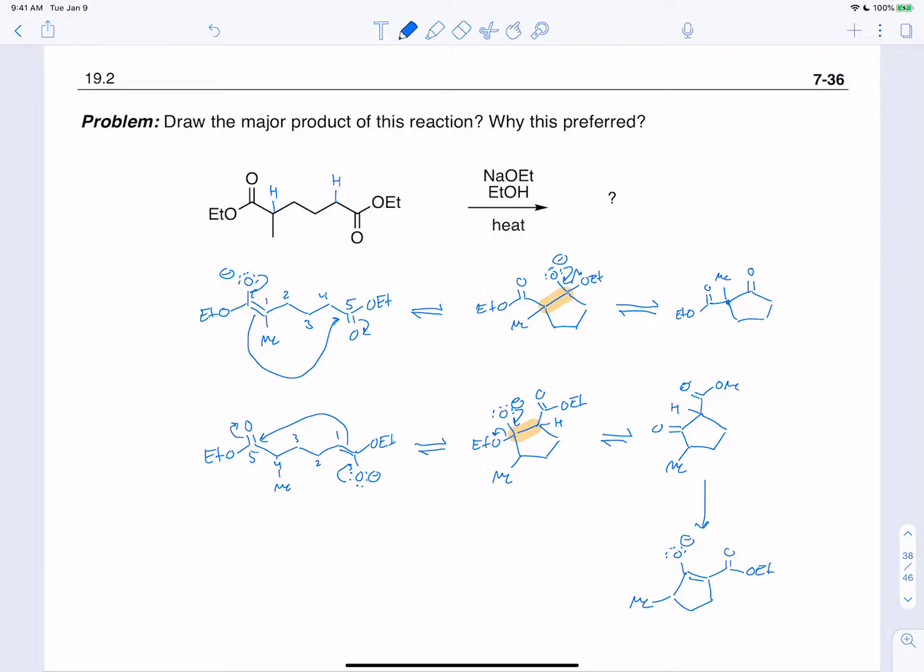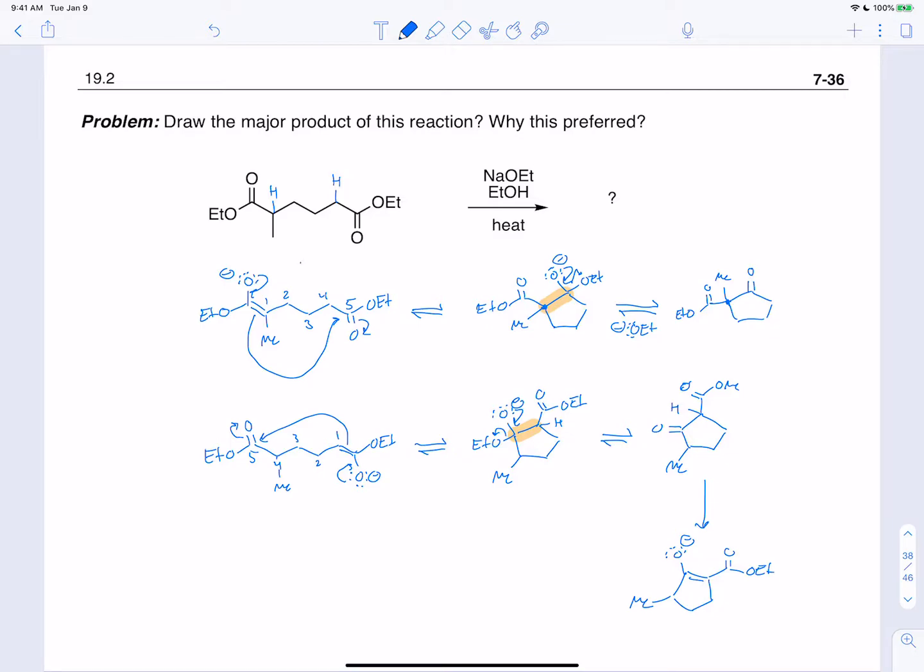Whereas this methyl keeps this in place, which means sodium ethoxide will be able to come back and attack to ring open. This is the same rationale as to why we weren't able to do an intermolecular condensation of two esters when we have a fully substituted carbon next door. Now we're seeing this will discourage this pathway from being productive.